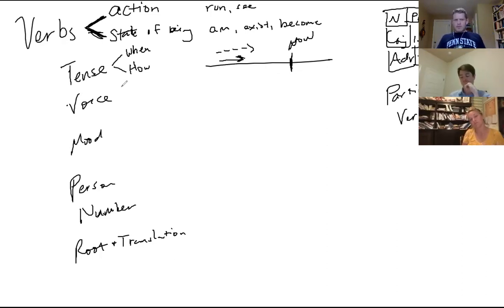Voice. So Greek has 3 voices. And does anybody remember what the definition of voice is? Or, you could do it in either order, what are the 3 options for a verb's voice? So we would have a present blank or an imperfect blank.